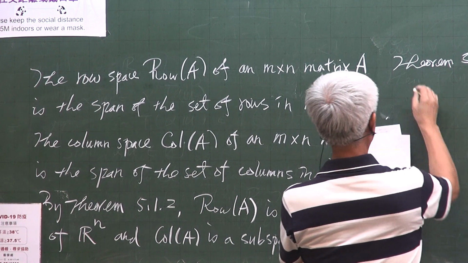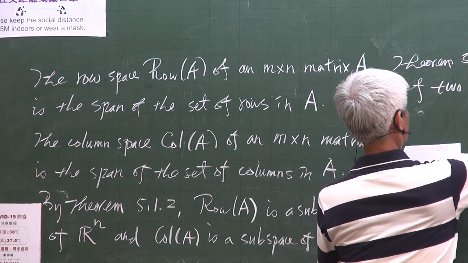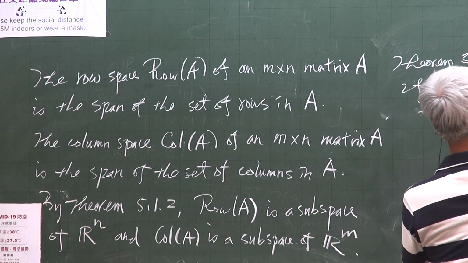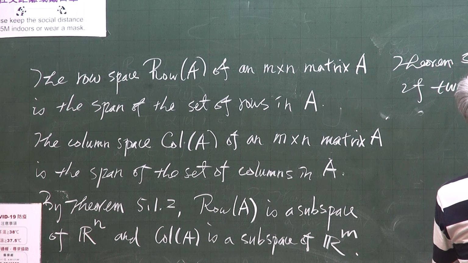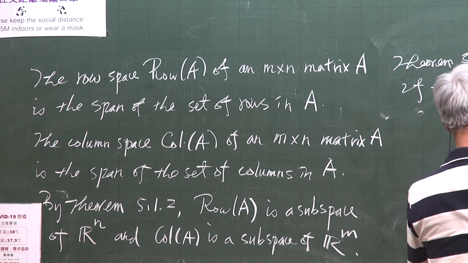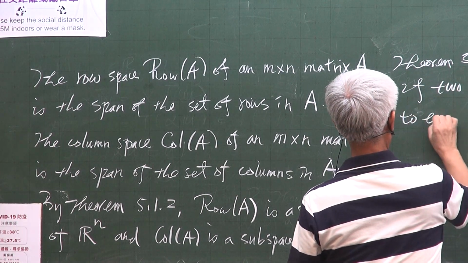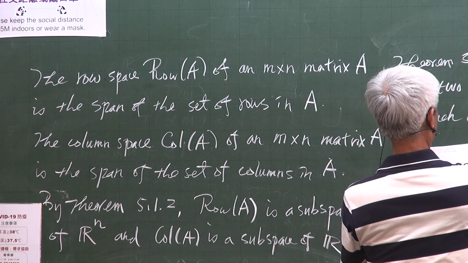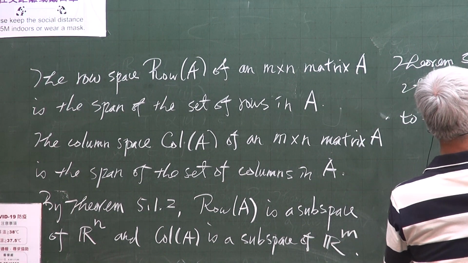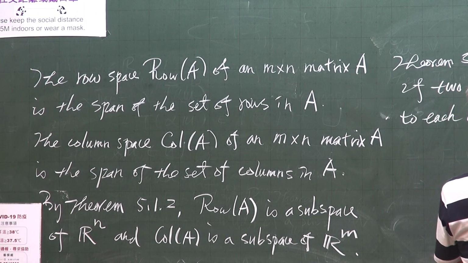It says that if two matrices are row equivalent to each other, then they have the same row space.